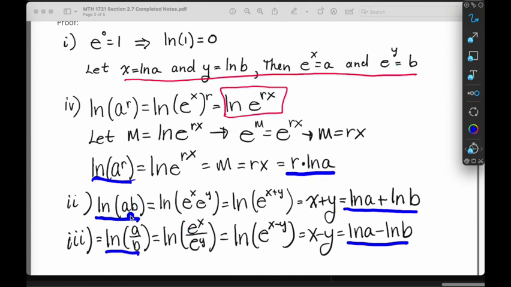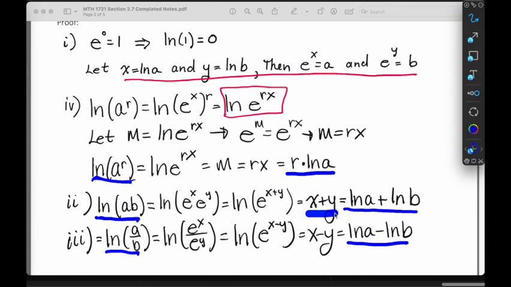So I'm going to replace a times b as e to the x times e to the y. Now, when we multiply and our bases are the same, I know I can add my exponents. So I'm going to rewrite this as the natural log of e to the x plus y.